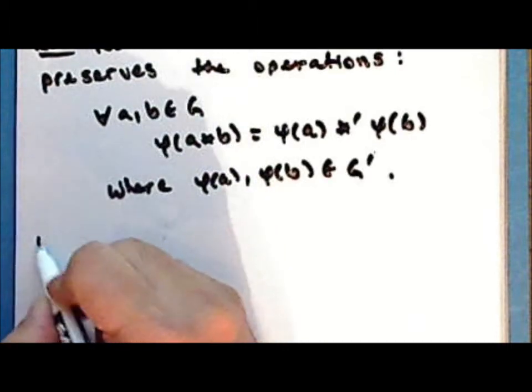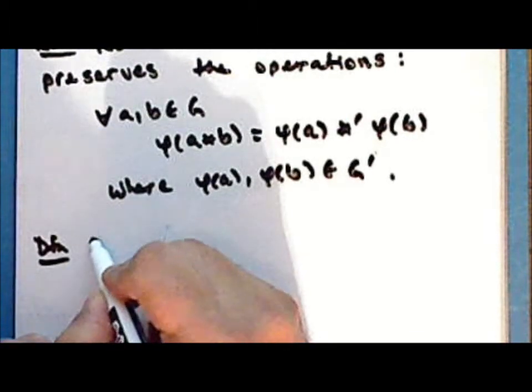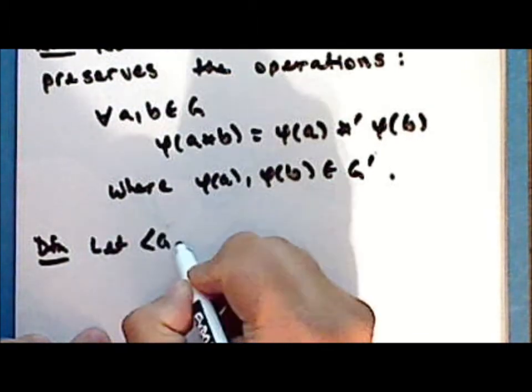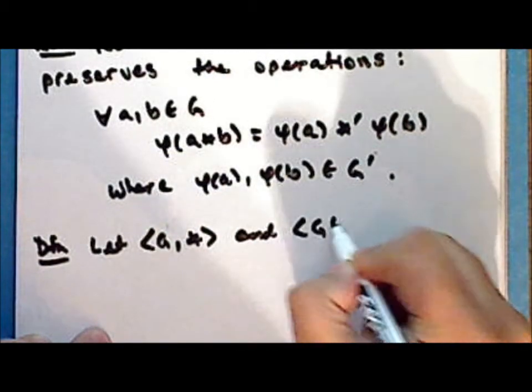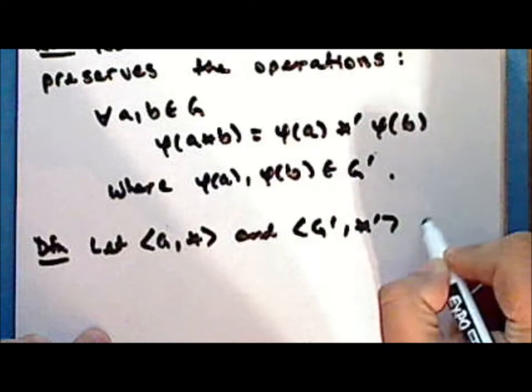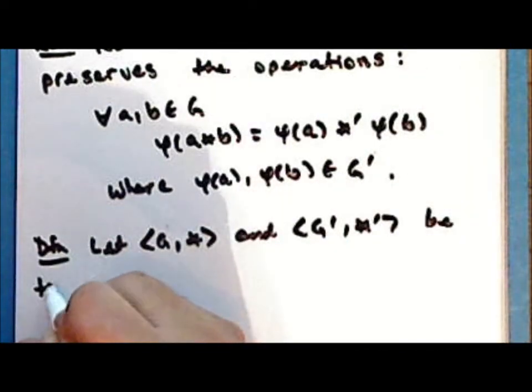So new definition. Again, let the group G with the operation star and G prime with the operation star prime be two groups.